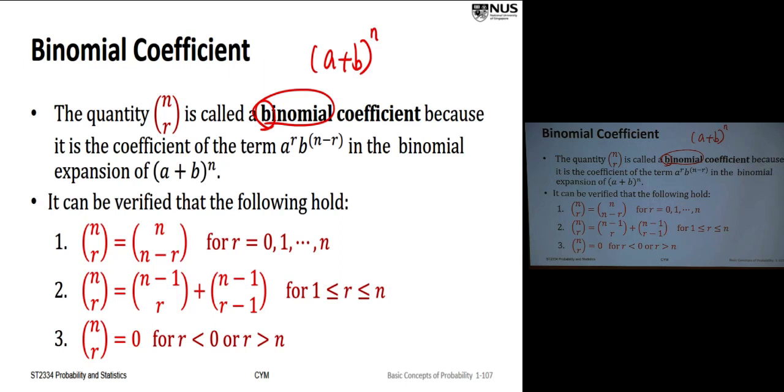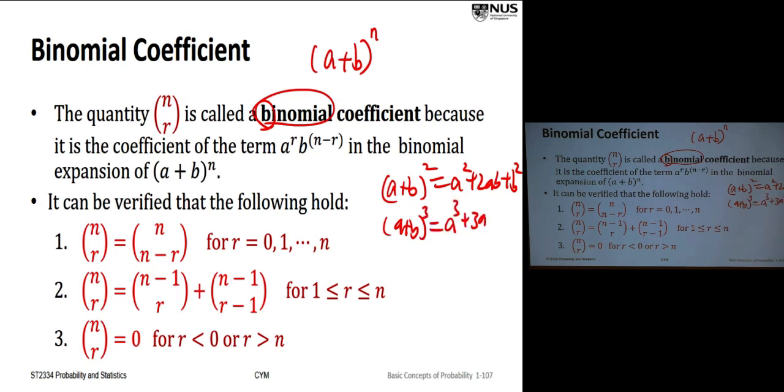You know (a plus b) squared is a squared plus 2ab plus b squared. (a plus b) cubed is a cubed plus 3a squared b plus 3ab squared plus b cubed. Now, you can work on power 2, power 3, power 4, that is okay.